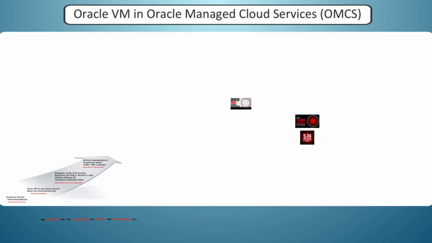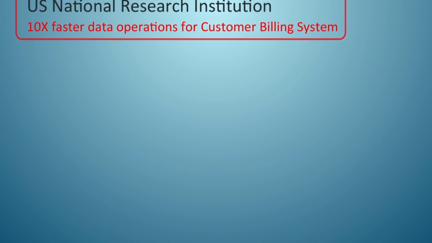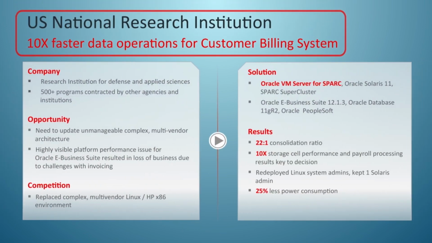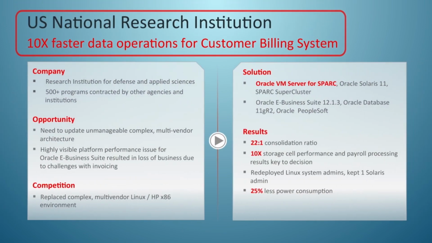From the SPARC side, we also have a major US National Research Institute that uses the new SPARC hardware platform and runs Oracle VM Server for SPARC with Solaris 11 on SPARC SuperCluster. They're also running the Oracle E-Business Suite, Oracle database, and Oracle PeopleSoft application, providing 10 times faster data operation for the customer business systems.